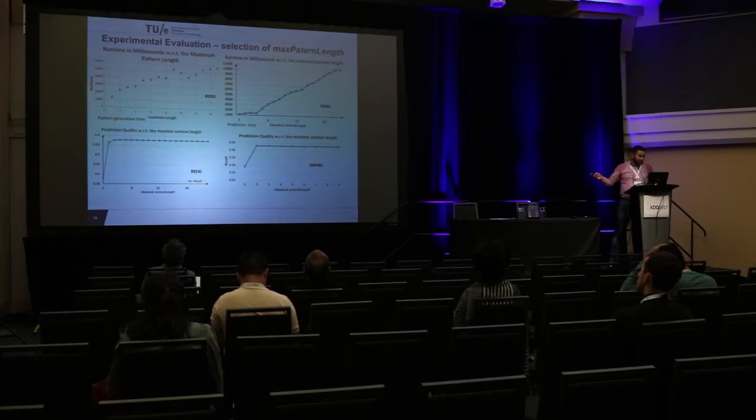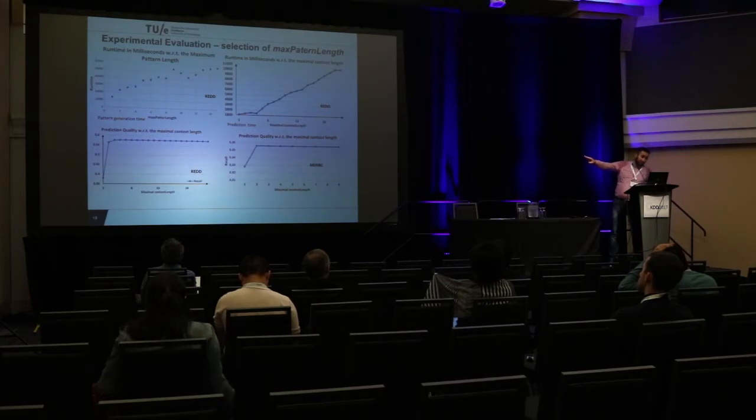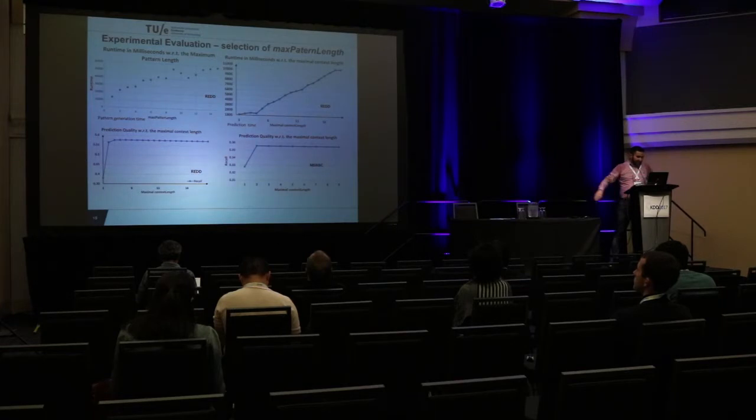On the left-hand side, we have the runtime of the pattern generation. Basically, this is a very high one, and we show here that, as to be expected, it's continuously increasing. And on the right-hand side, the prediction part also is affected by the maximal context length, and it's reasonable up to some value, like 4, and then afterwards it is increasing.